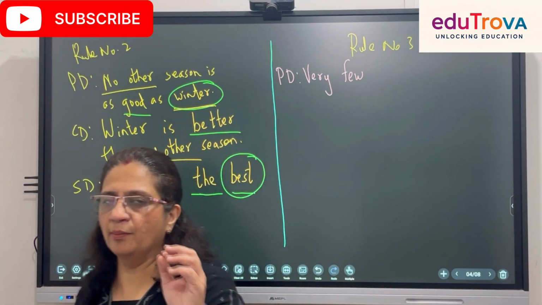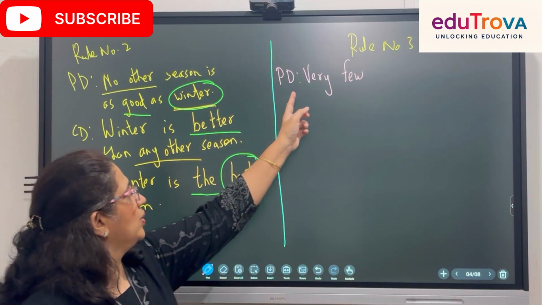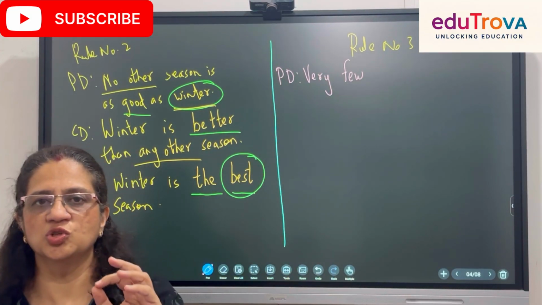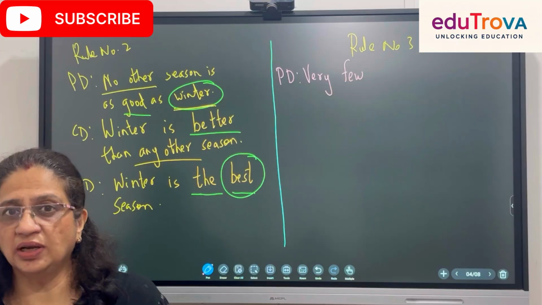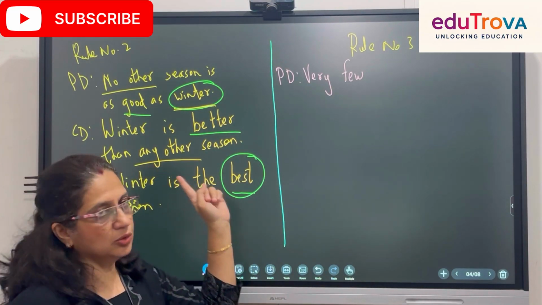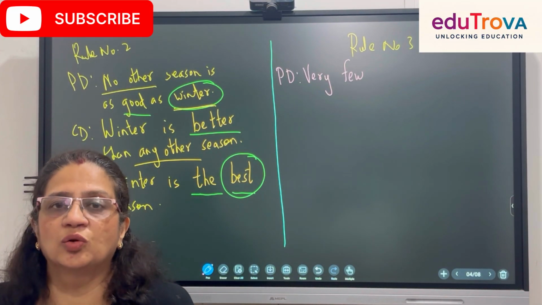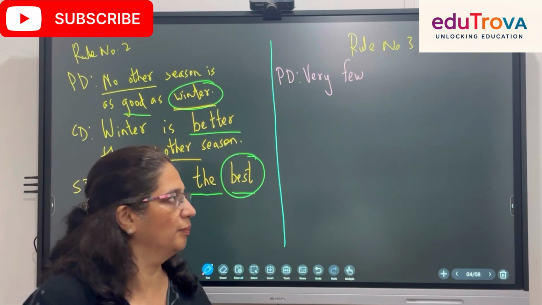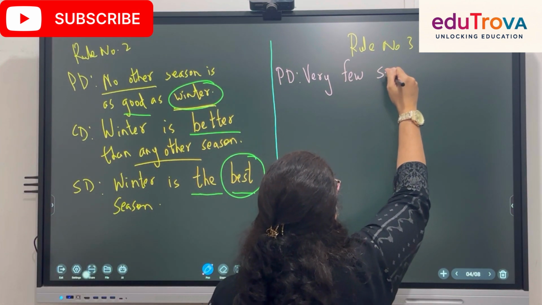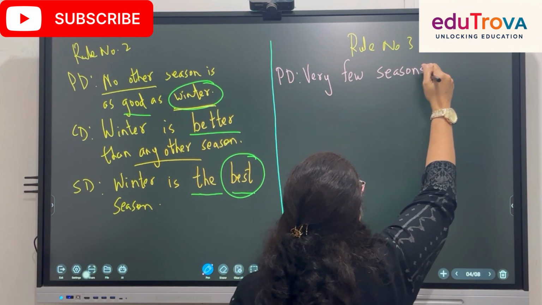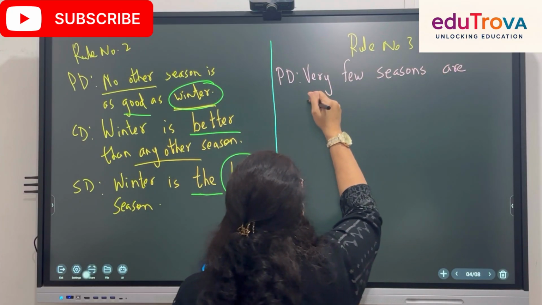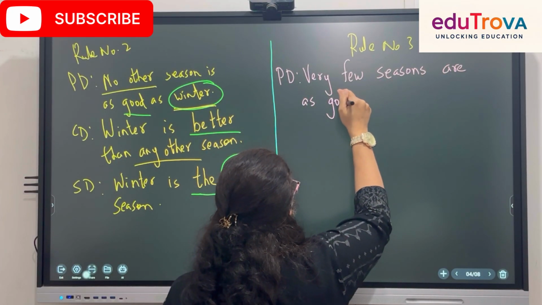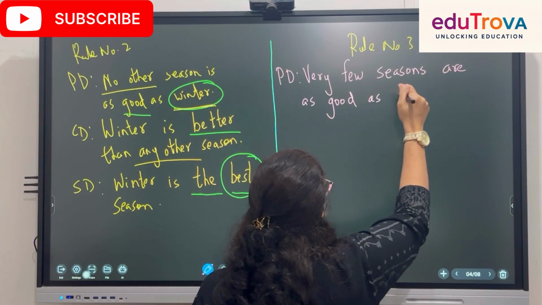Remember in rule number 3, since I am adding very few, my nouns will be in plural form. In rule number 2, it was in singular form, but rule number 3 will have plural form. Very few seasons are as good as winter.